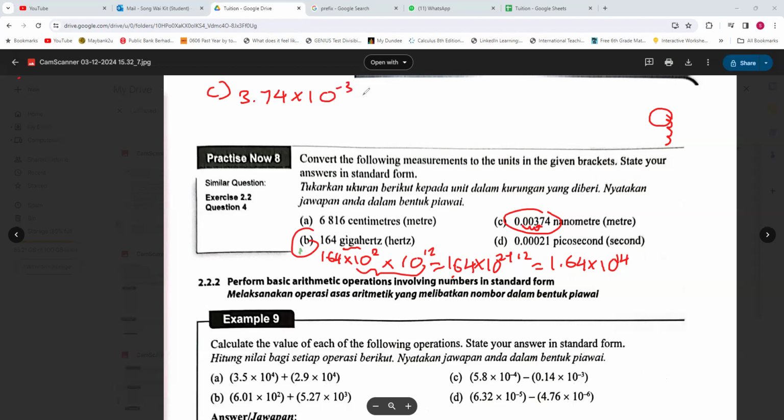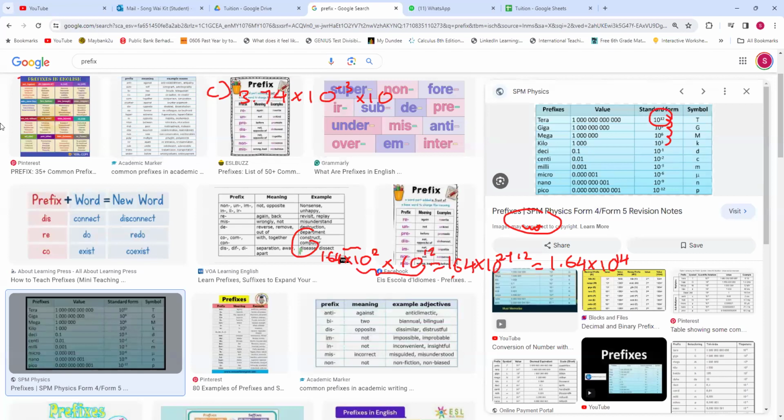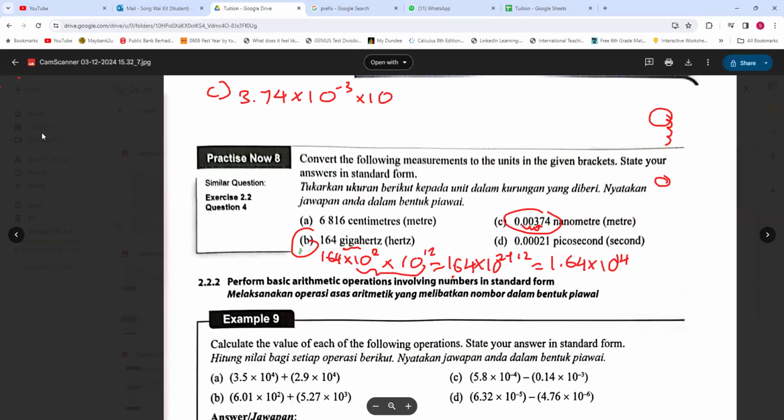And then we're going to multiply with nano. Nano is 10 power how much? Negative 9. Very good. 10 power negative 9. So you could just kindly see your notes there. It's a negative 9 there. Lastly, you want to multiply the two tens together.